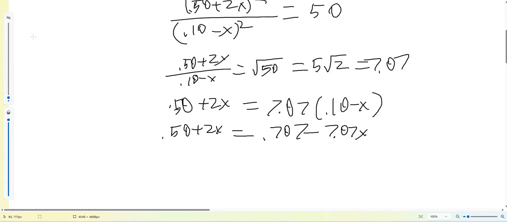So, now we combine the like terms, add 7.07x and subtract 0.50 from both sides. So now we have 9.07x is equal to 0.207. And so now we divide by 9.07 on both sides. And we get 0.023.